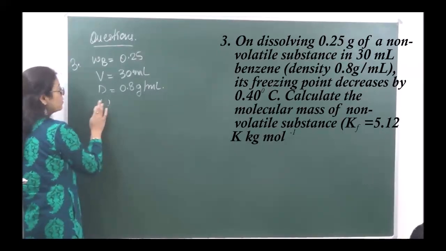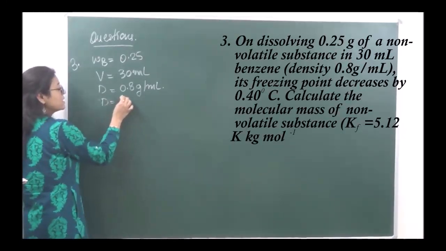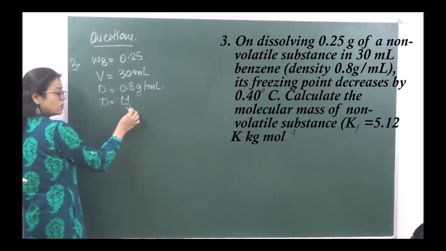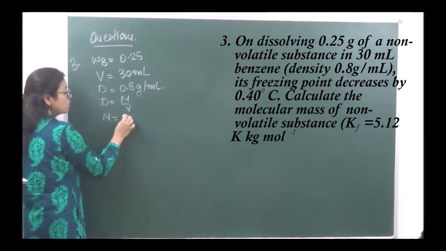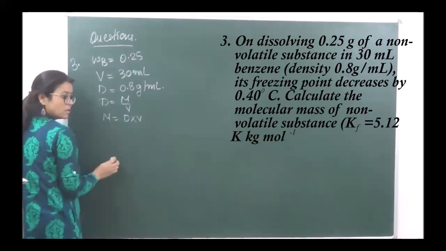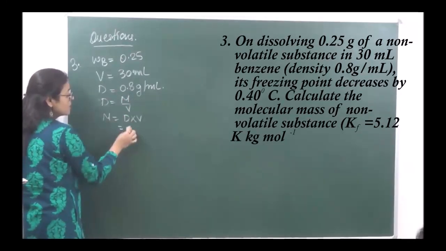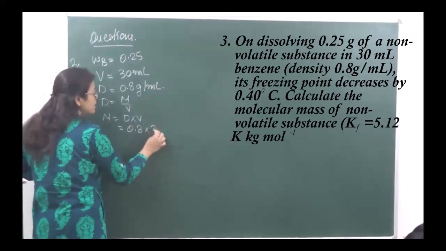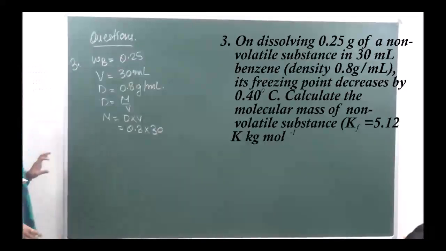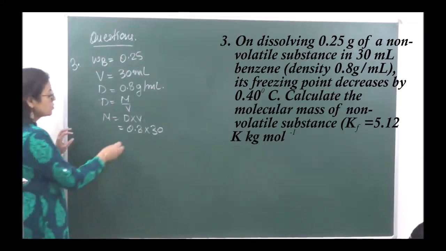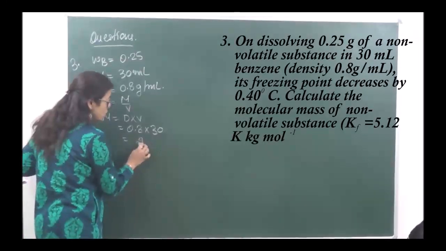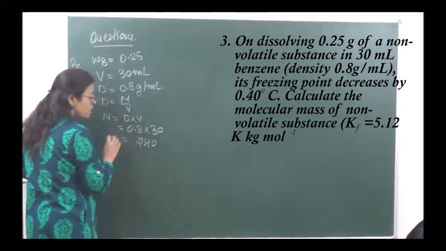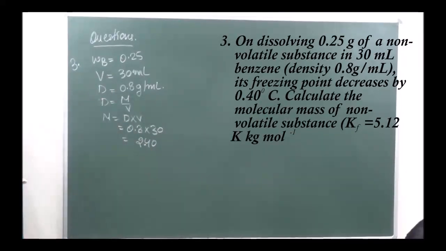We know that density is equal to mass upon volume. So mass will become equal to density into volume. Okay, density given to us is 0.8, volume given to us is 30, right? So this will become equal to 2.40.